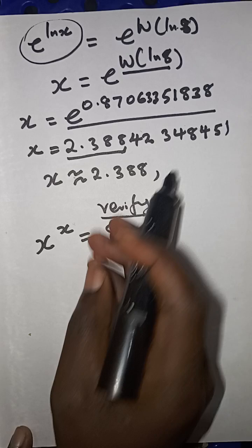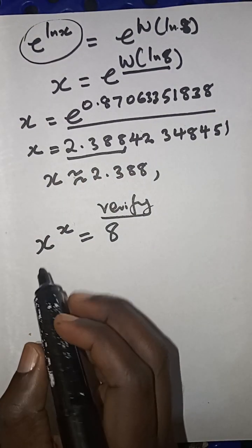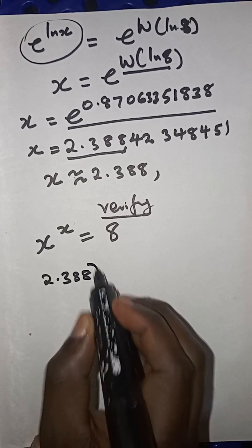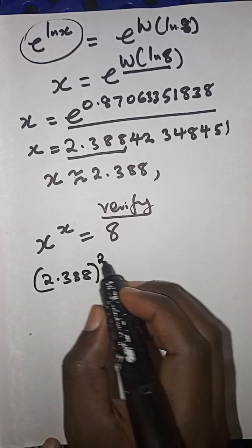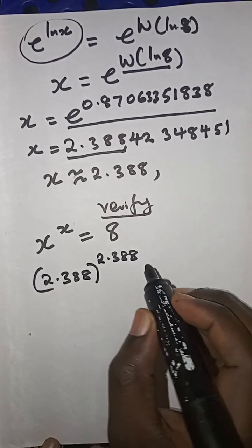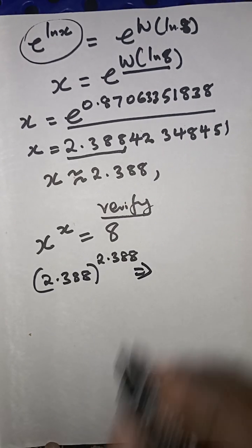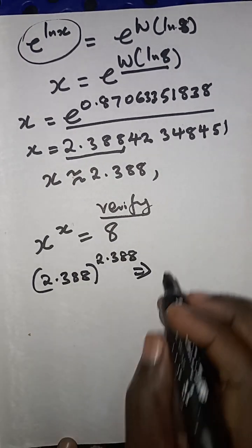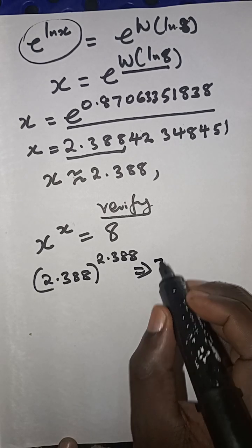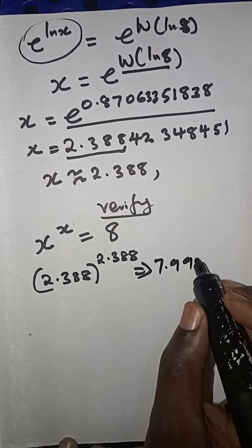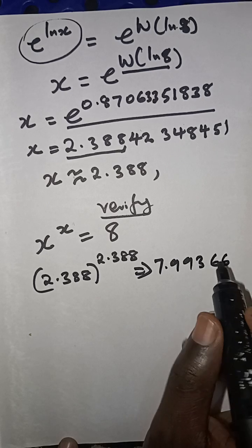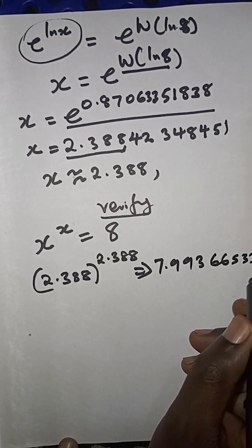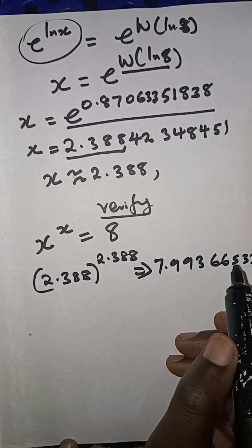So taking x, the whole of this, if you punch 2.388 raised to 2.388, you're getting an approximated value of 7.999366533533.